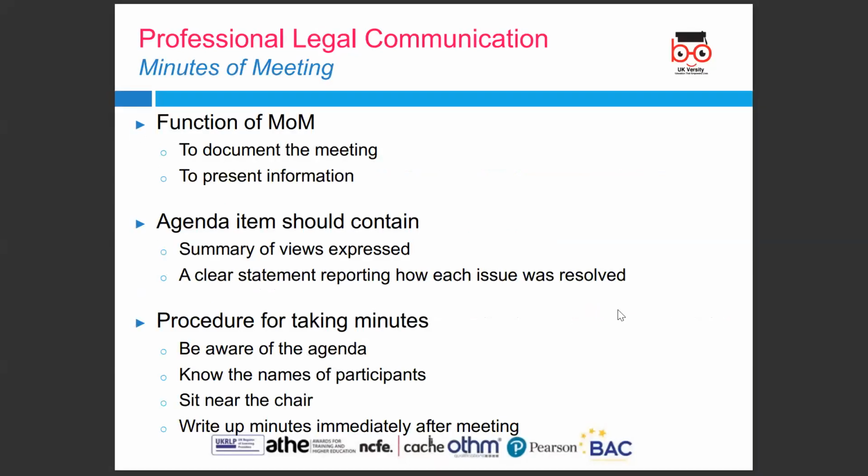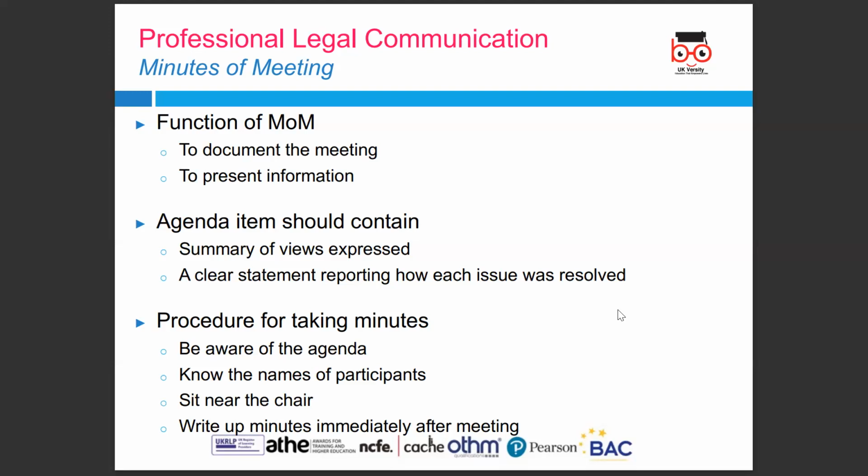Minutes of meeting. The function of minutes of meeting is to document the meeting, to present information, and the agenda item should contain a summary of the views expressed. It should be very clear, a memorandum, minutes of association, a clear statement reporting how each issue was resolved.